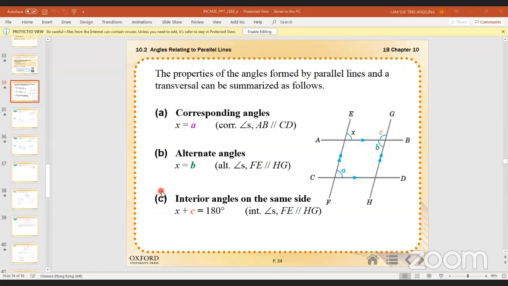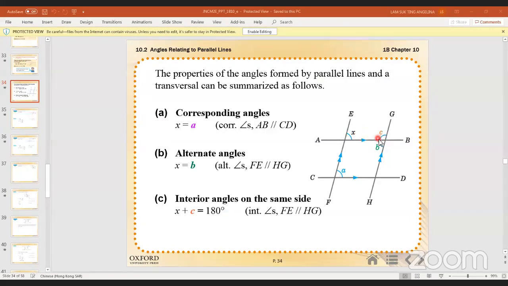And then the third one, you have to be very careful. Interior angles. In this case, X and C are interior angles, because they are inside the lines, bounded by the lines. They are kept inside the lines.